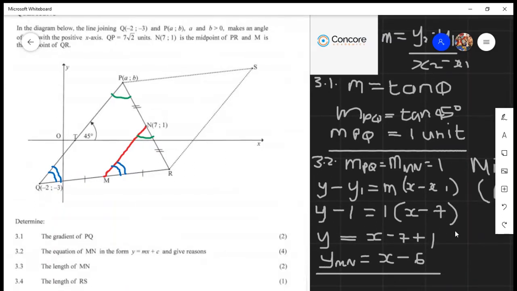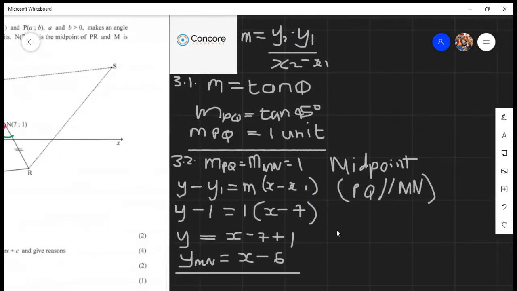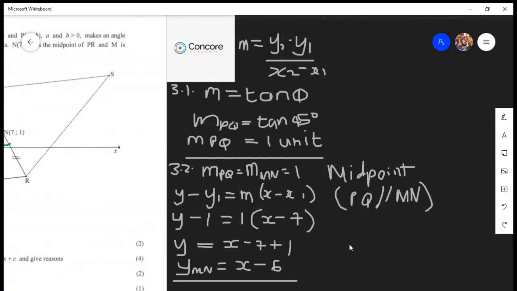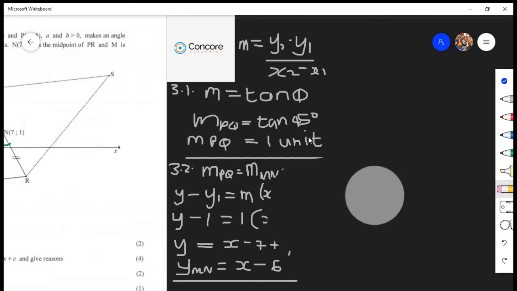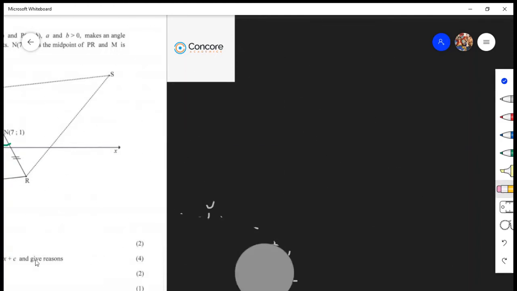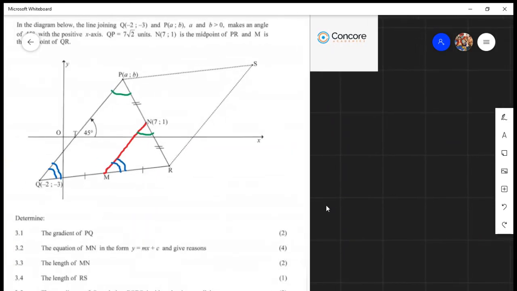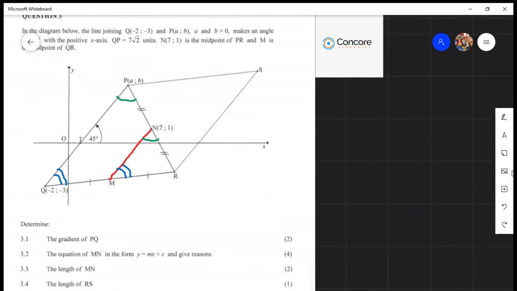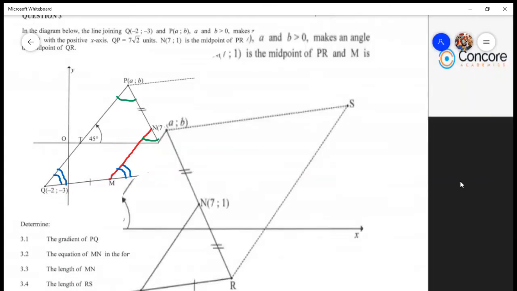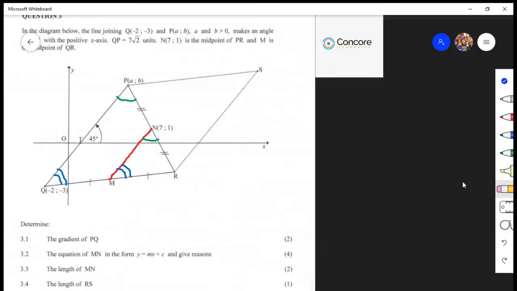Here's the answers. Okay, so question 3.3.